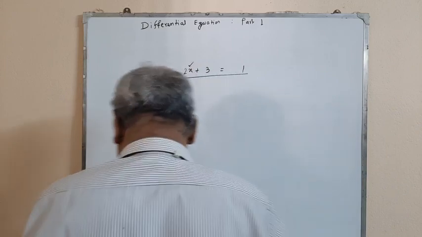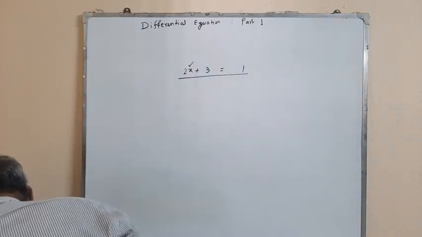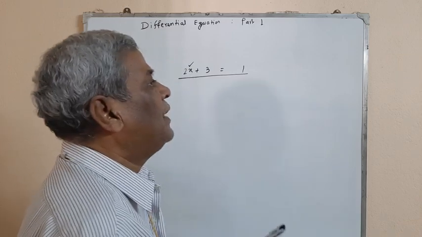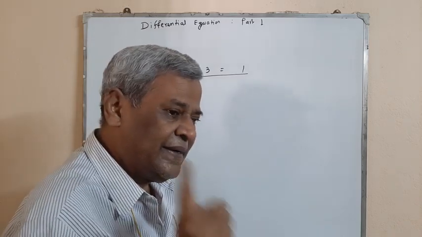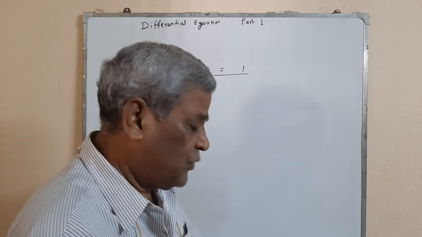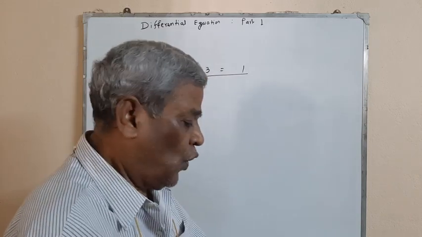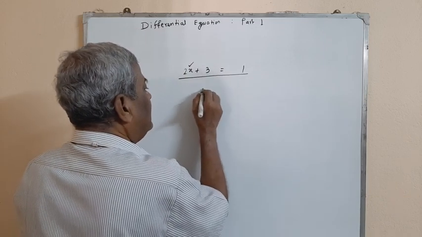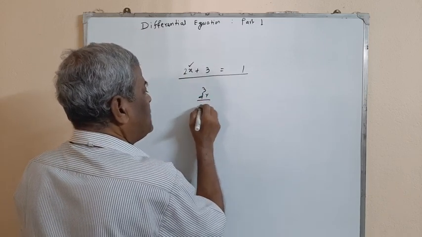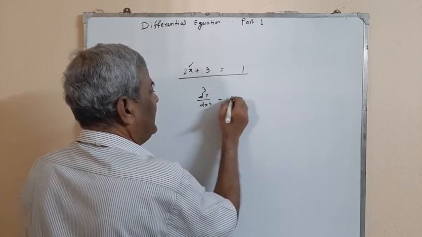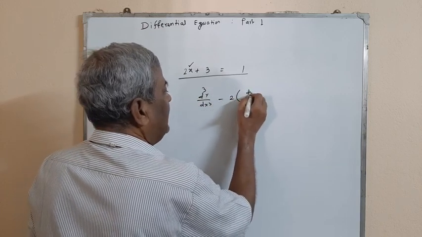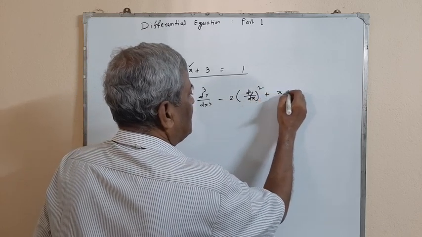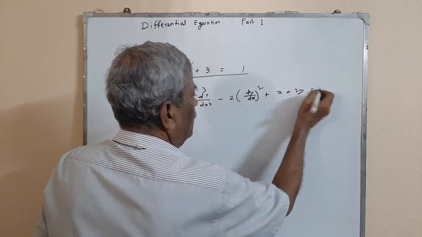The next is the order of a derivative. In a differential equation, the highest order derivative present in the equation is the order of the differential equation, like (d3y/dx3) minus 2 (dy/dx) whole squared plus x plus 2y is equal to 0.